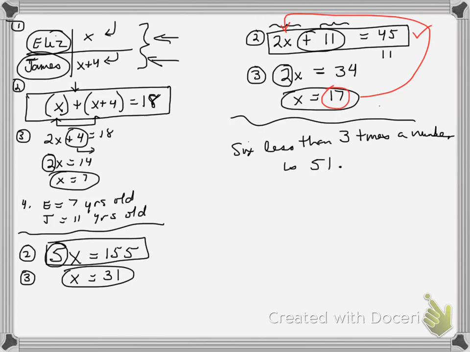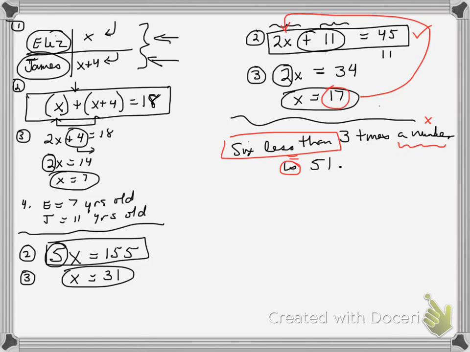So to write this equation, there are a few tricks here. The first trick is "is" stands for an equal sign. 3 times a number is my 3x. Now, "6 less than" tends to represent a challenge for many students.